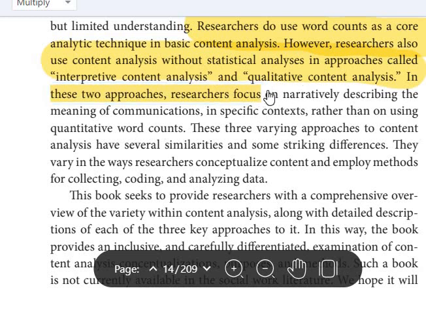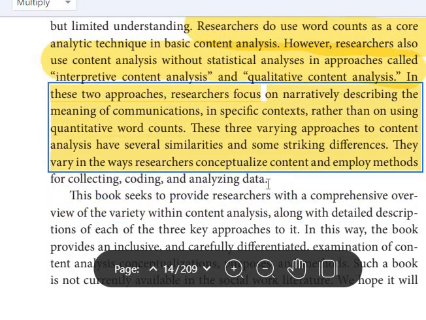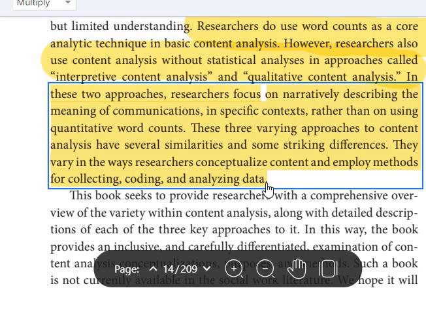That's why we describe the first approach as being quantitative, because you're mainly focusing on the quantity, on the word counts, because you're only counting, you're not explaining what you're counting, okay? That's why it's not interpretive. That's why it's not qualitative. The basic approach is quantitative because it depends on quantity, on how many occurrences there are, okay?